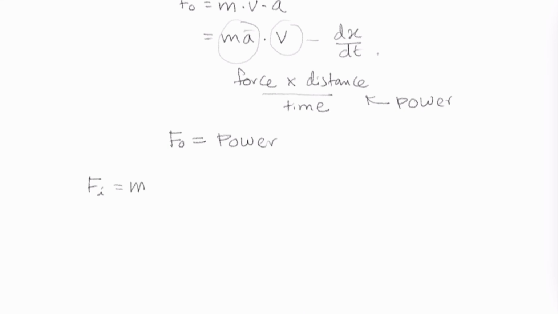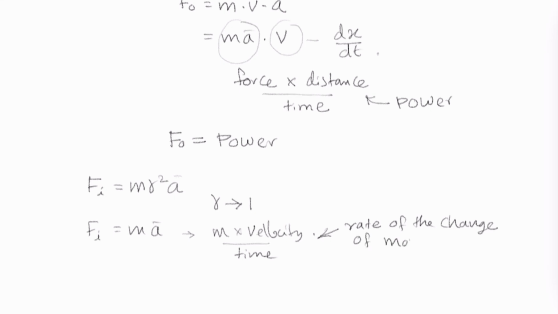So this can be written also as m times a, which means dvi by dt, times gamma. So m times dvi is the momentum. So F of i is all about the rate of change of momentum in terms of time. And F naught is the rate of change of energy in terms of time.